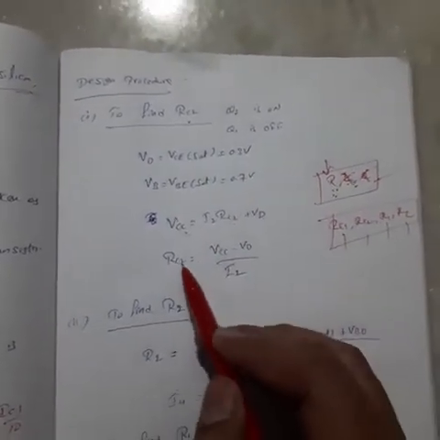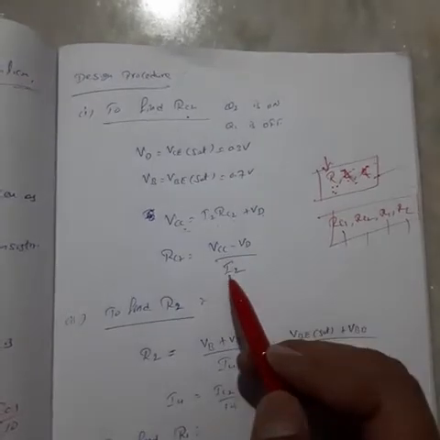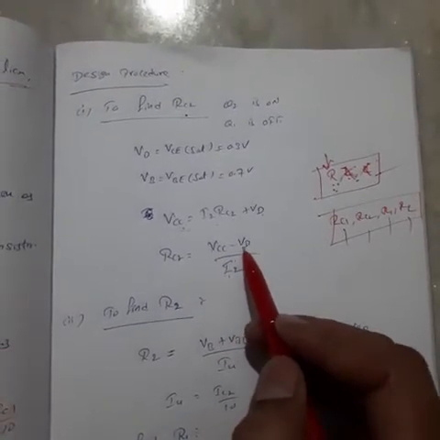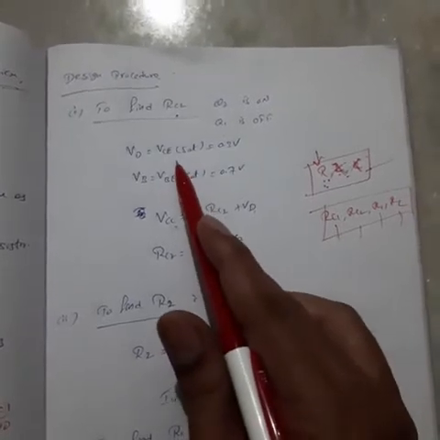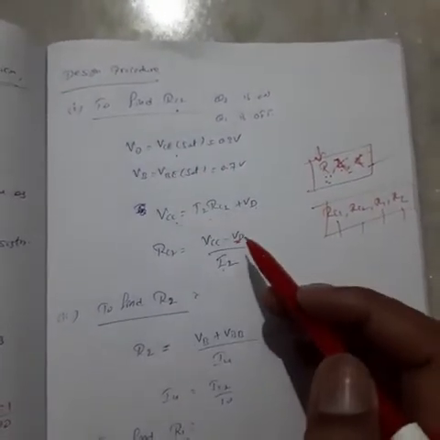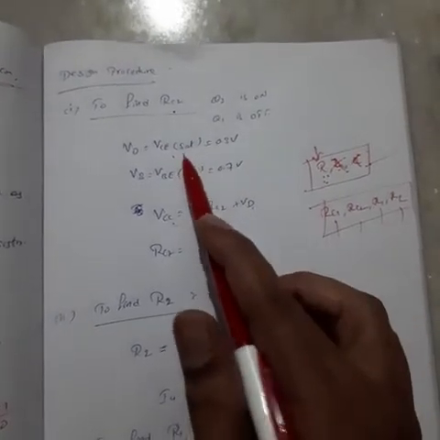From this equation, RC2 equal to VCC minus VD by I2. VD is equal to VC saturation, because we are assuming Q2 is on.